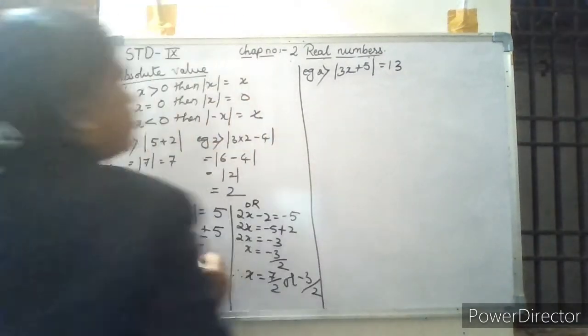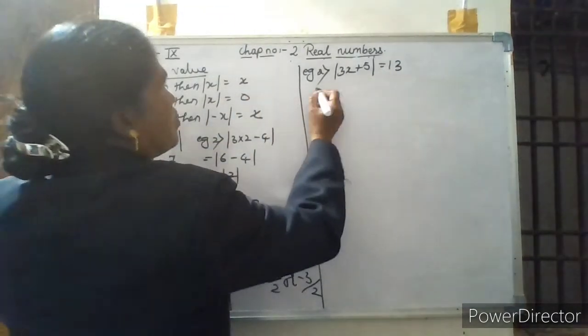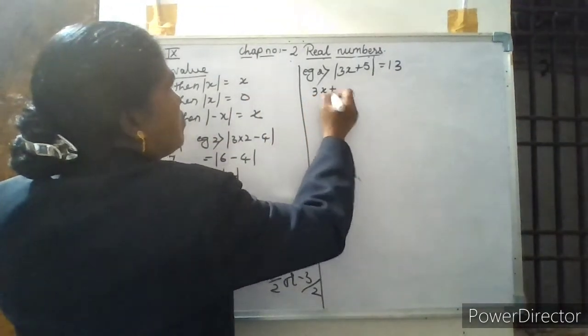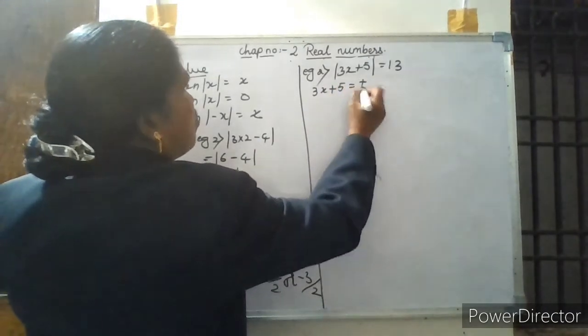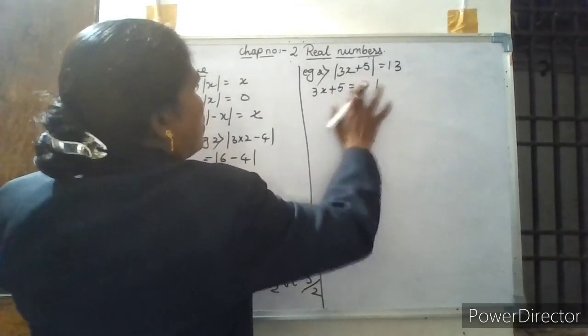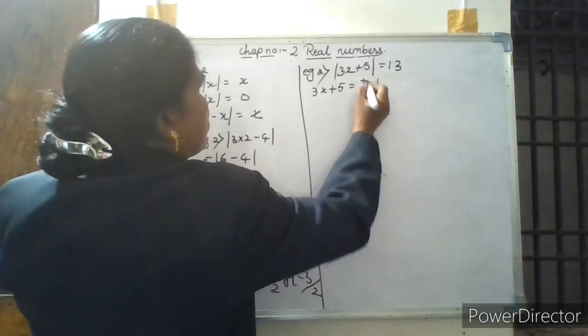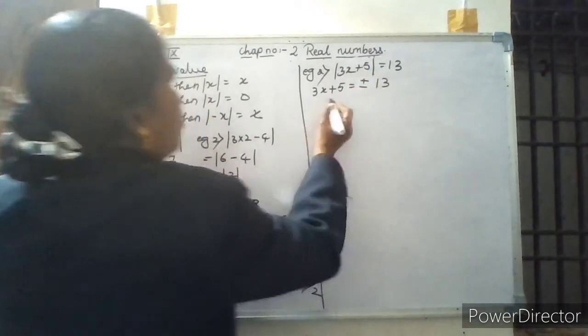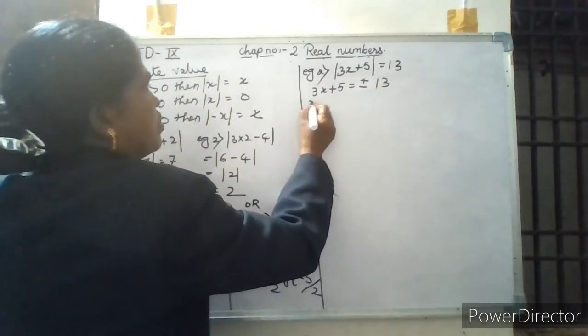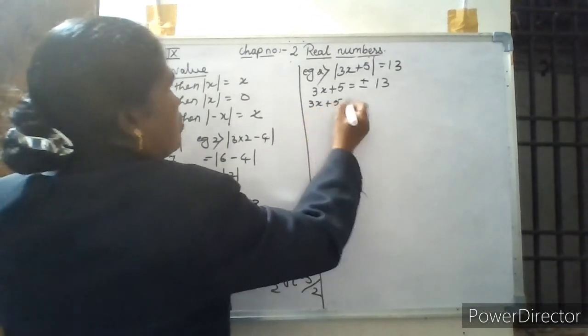Now 3x plus 5 is equal to plus or minus 13. Now 3x plus 5 is equal to plus 13 you take.